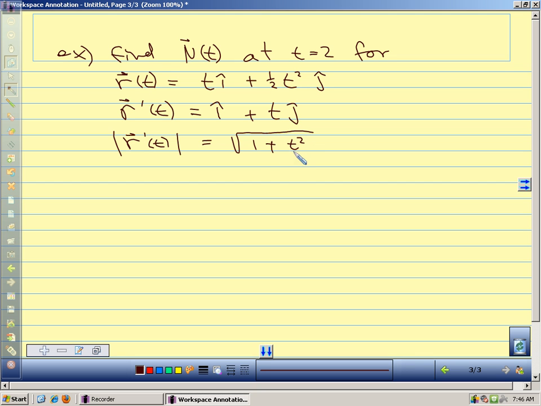So our unit tangent vector is going to be 1 over the square root of 1 plus t squared times i plus t j.